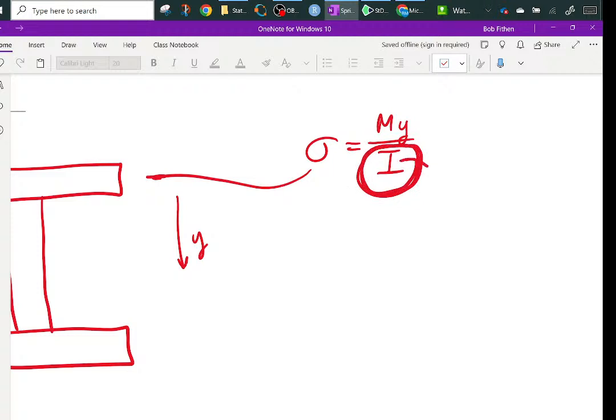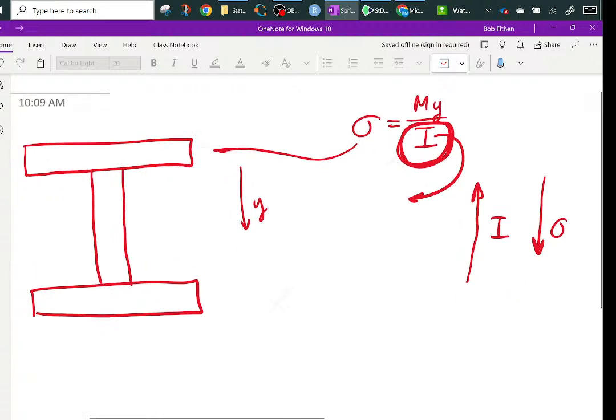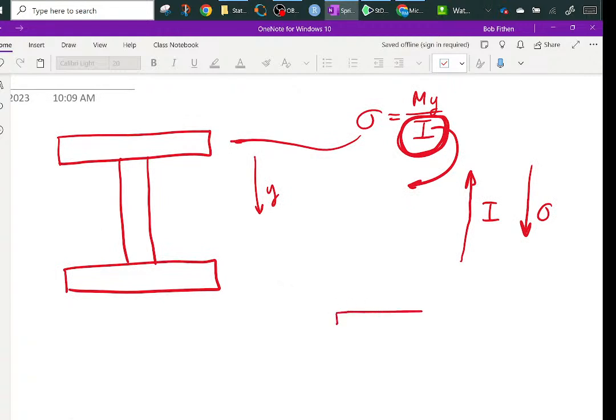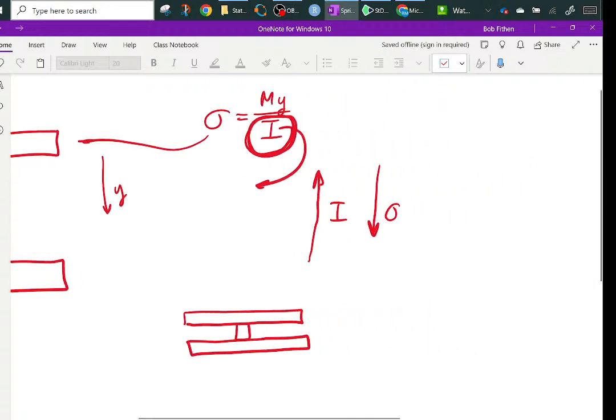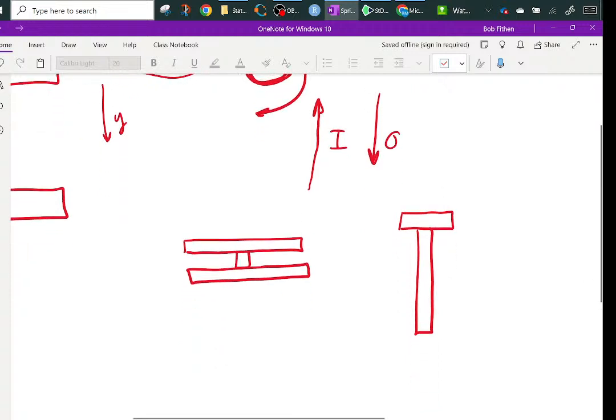So what you find out is the larger you can make I, the smaller the stress will be at the outside layer. Here's what I mean. So if somebody came in and wanted to make a beam like this, and somebody else came in and wanted to make a beam like this, first of all, this one will flex less.